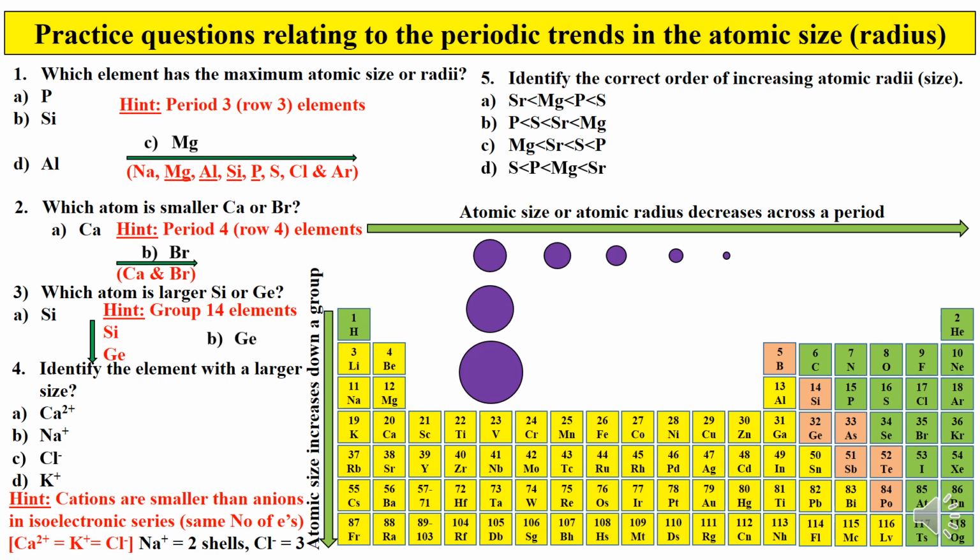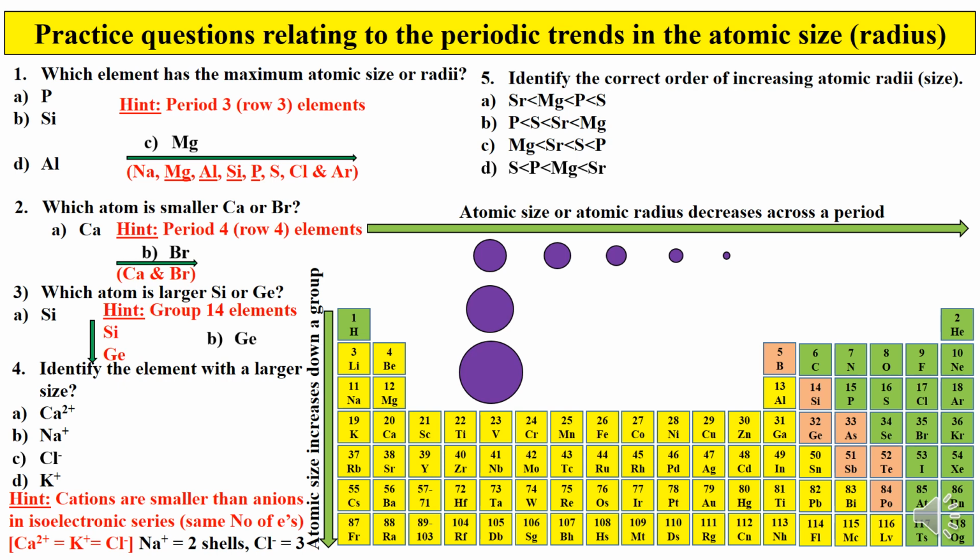So always the anions will be bigger in size as compared to cations in an isoelectronic series. Of these 4 ions, calcium, potassium and chloride, these 3 belong to the isoelectronic series with total of 18 electrons. And since they belong to the isoelectronic series, which will be bigger? Anion will always be bigger in size. That is the chloride ion.